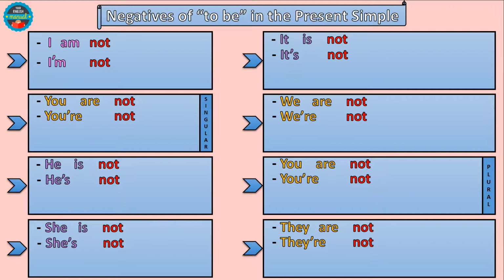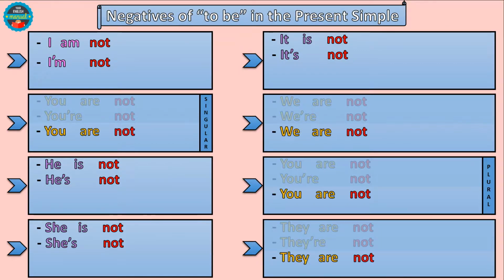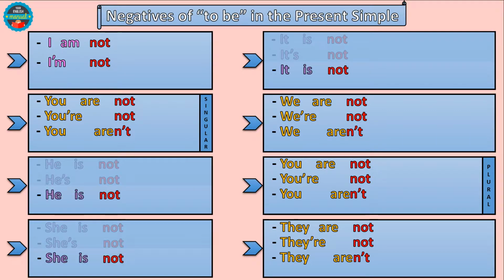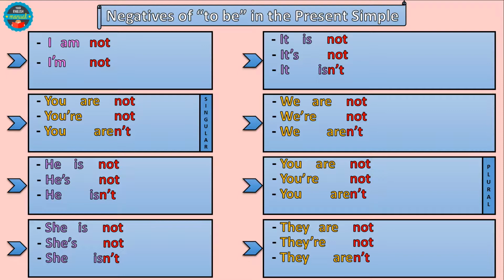Let's see how it is. The conjugation are can connect with not and become aren't, while the conjugation is can connect with not and become isn't.